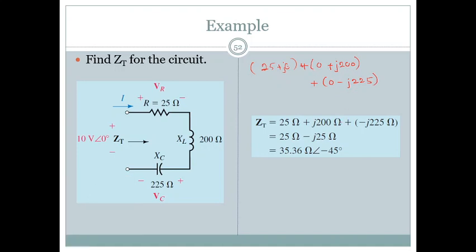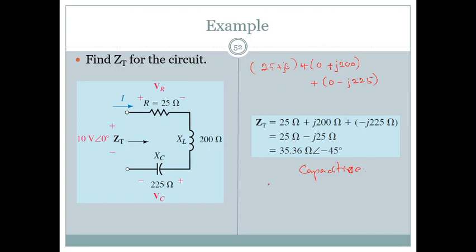So plus j200 minus j250, so it's minus j25, meaning that the moment that you have minus here, it is capacitive. So it's not a capacitor, but it's more capacitive than inductive.